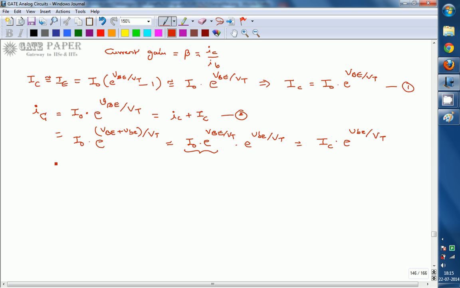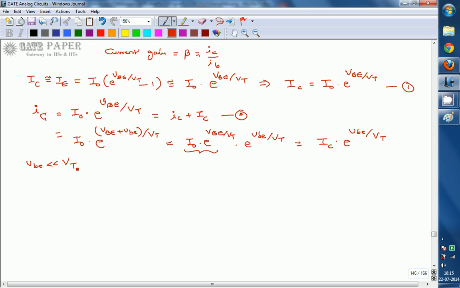From this we know that small vbe is the small signal voltage, and vbe is generally very small compared to VT. VT is the thermal voltage, whose value at room temperature is 25 millivolts. The value of vbe is very small because it is the base to emitter voltage, and the emitter junction is forward biased.